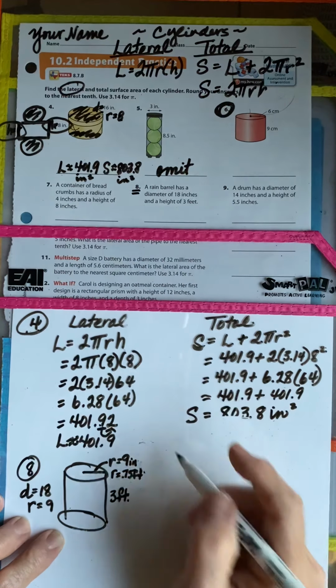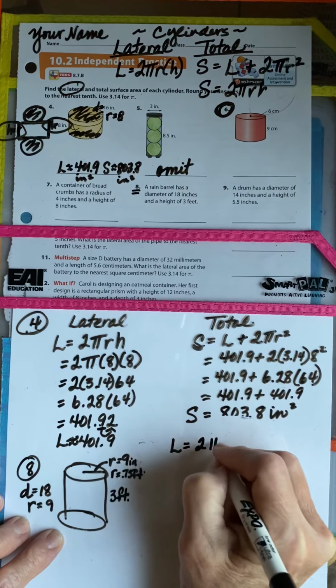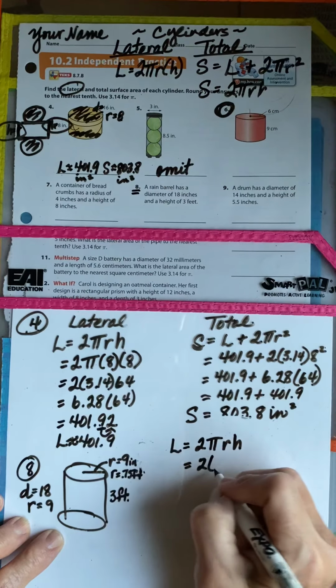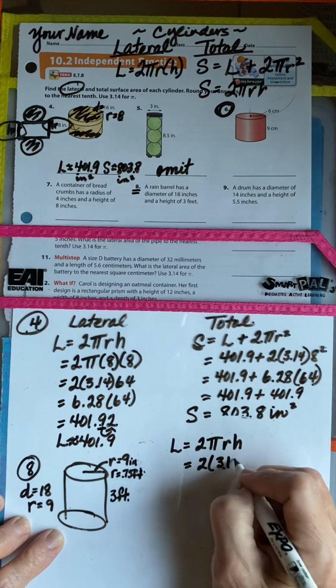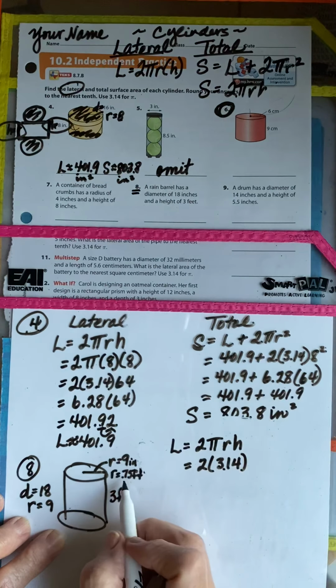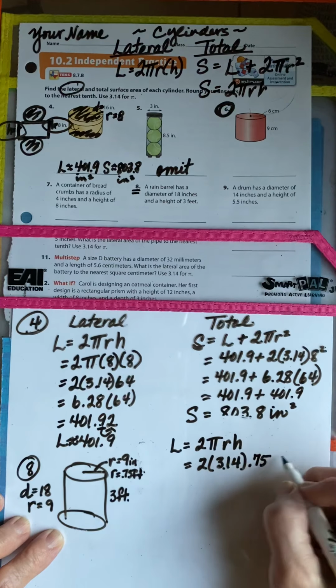So let's do lateral first. L equals 2 pi r h. Here we go. 2 times parentheses 3.14 times radius. Radius is 0.75.